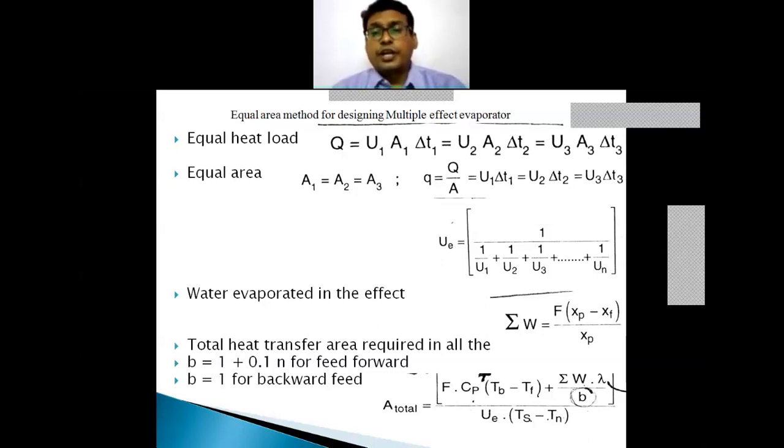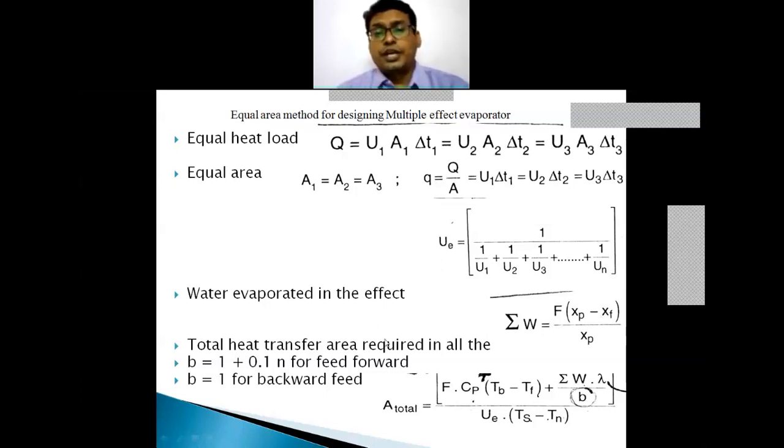Then the overall heat transfer coefficient will be calculated, and then the water evaporated in the effects will be the summation of W, which is equal to F into (XP minus XF) upon XP.